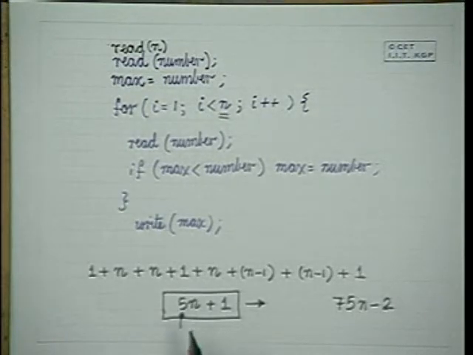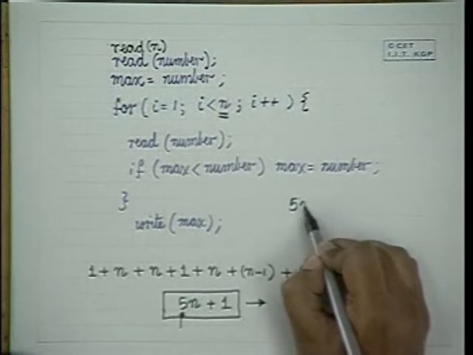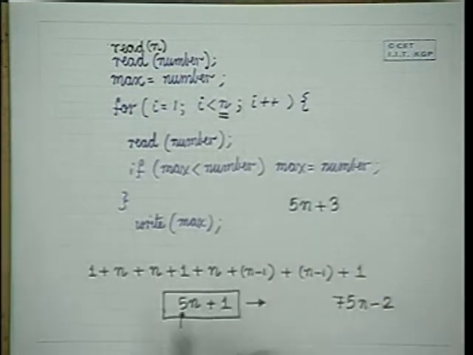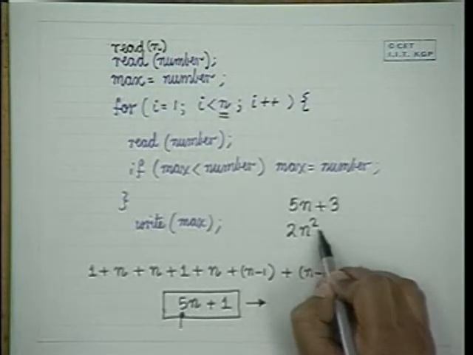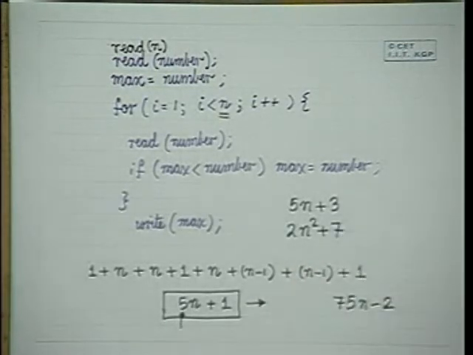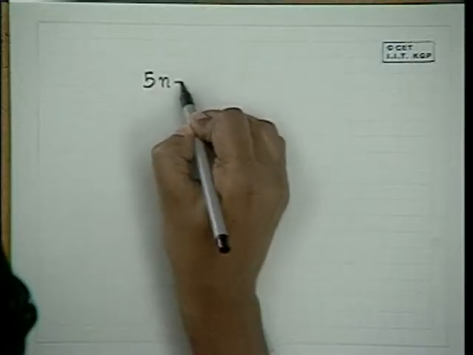But if one has got n here and suppose somebody has got 5n plus 3, another program has got 2n square plus 7. Okay, I'll repeat a little more here. Suppose I have got one program which has got 5n plus 3.